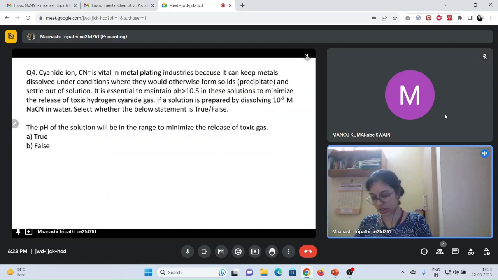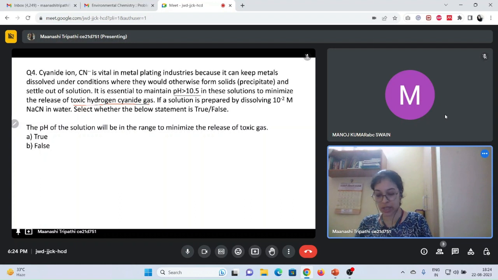So this is the next question. Cyanide ion is vital in metal plating industries because it can keep metal dissolved under conditions where they would otherwise be solids and settle out of solution. So in the metal plating industry, cyanide is added, but we have to maintain the pH greater than 10.5 to stop the release of toxic hydrogen cyanide gas.